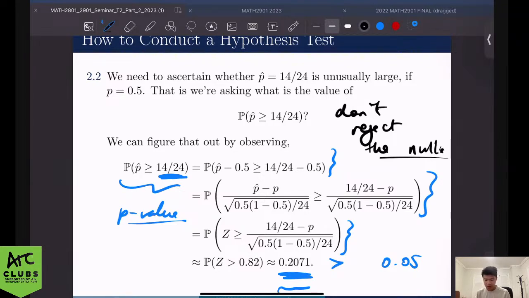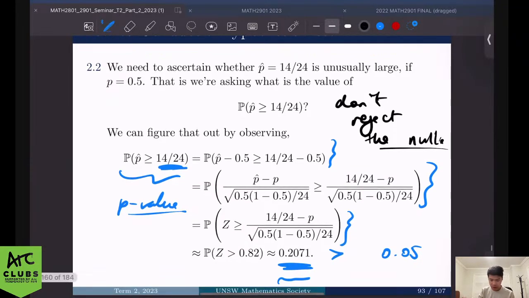It's the probability of getting something above 14 out of 24. If this number is really small, that means the number we got was massive, because barely any times we do this experiment do we get something as big as that. So you quantify it by using the p-value.